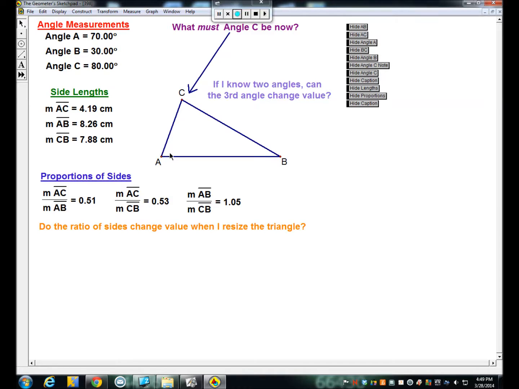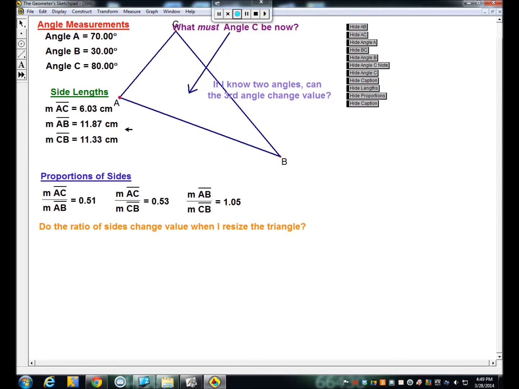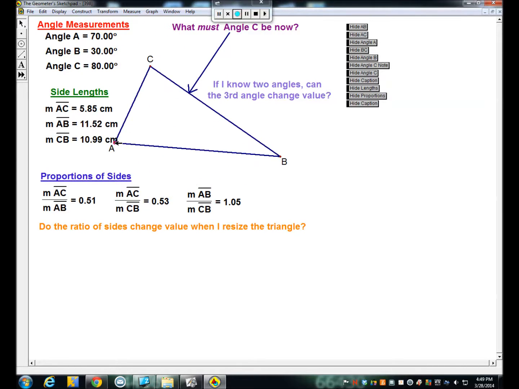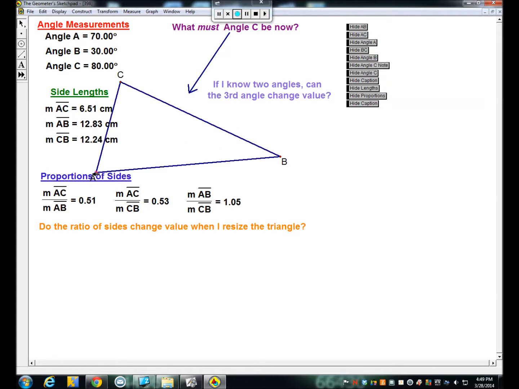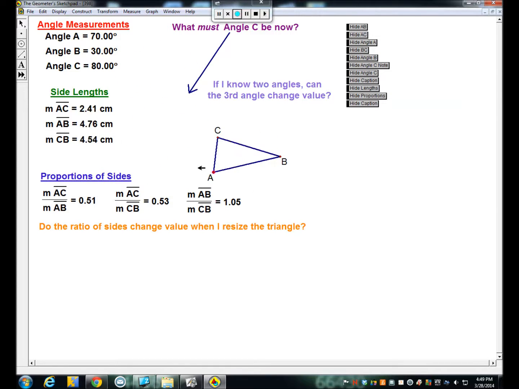So watch as I resize this triangle. You'll notice that the angle values aren't changing at all. But you'll definitely notice the side lengths are changing. This thing's just jumping all around. But notice the proportion of the sides doesn't change. And it would change if it was possible, but it's not.